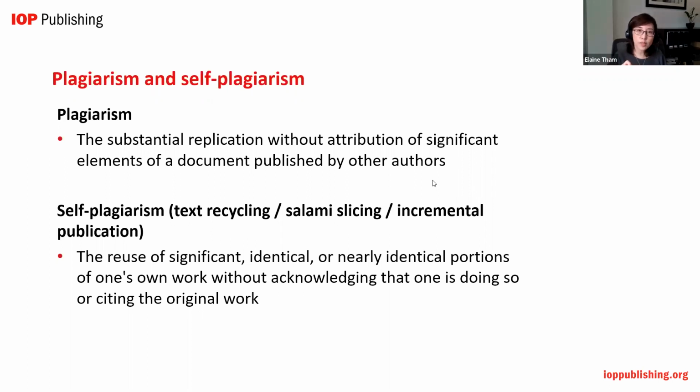But another form of plagiarism that is less severe is self-plagiarism, also known as text recycling or sometimes incremental publication. And this is the reuse of significant, identical or nearly identical portions of one's own work without acknowledging or referencing the original work.